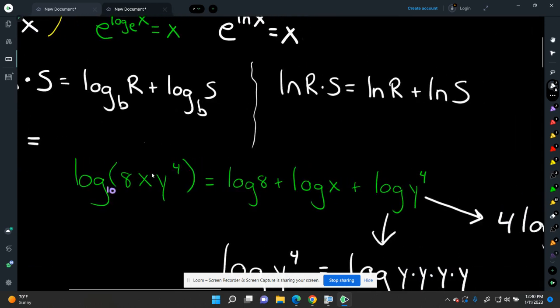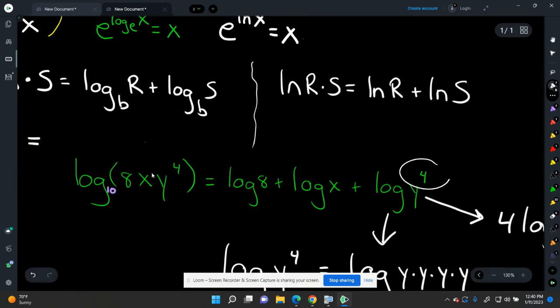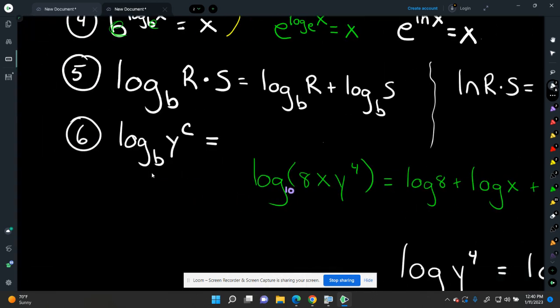What did we do with this exponent here? We moved it to the front, didn't we? So what can we do with this exponent here? Move it to the front. So this is c times log base b of y.